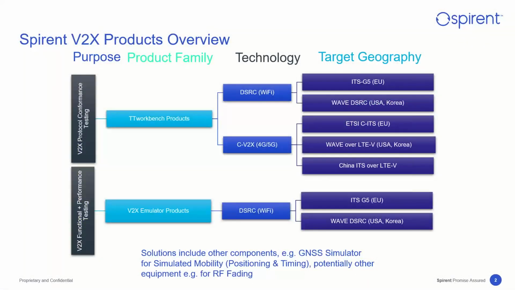Right, so the Spirent products for V2X are organized in two main families of products. The one that we're using in the OmniAir context is dedicated to what we call conformance testing, and that solution applies for both DSRC and CV2X.